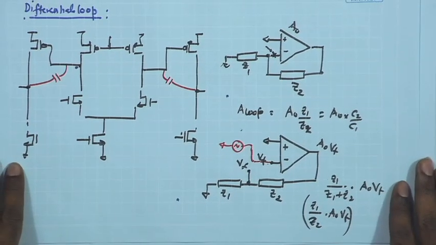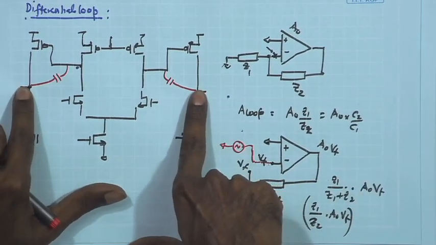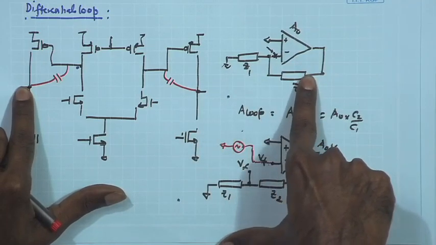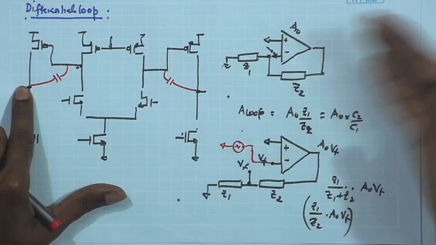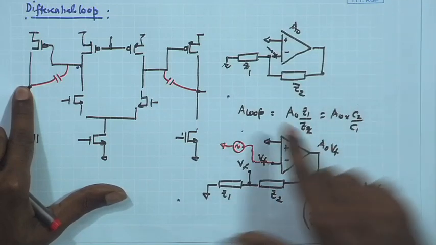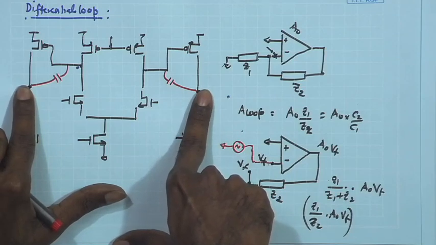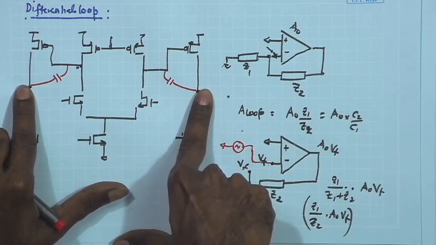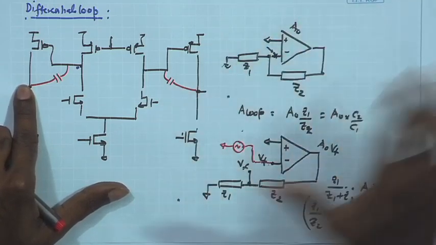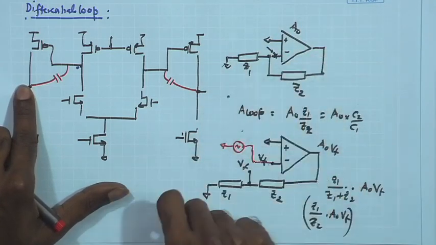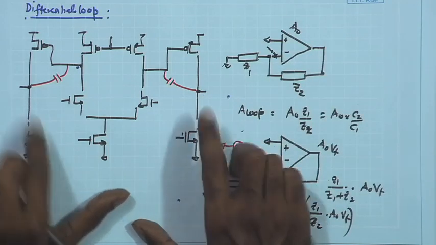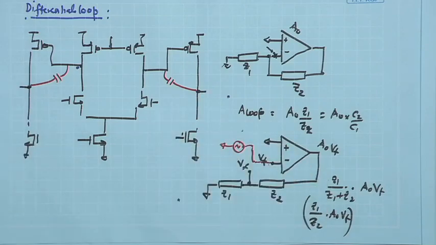So, assume that the common mode error amplifier was having a diode connected load, and as a result the gain of that stage was relatively small, close to 1, and also the diode connected load does not provide significant impedance, and hence the poles provided by the diode connected load error amplifier would have been at high frequency. So, I do not really count the poles provided by the error amplifier, they are relatively at higher frequency, and also the gain of the error amplifier was significantly small.